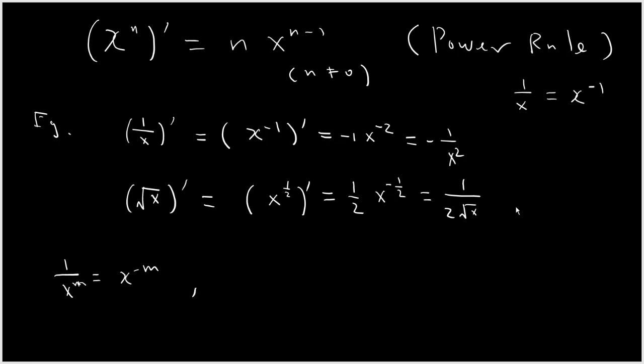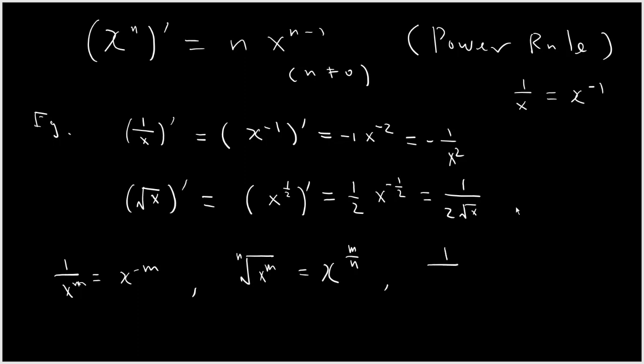Two more formulas. One other formula I wanted you to memorize is nth root of x to the power of m. I think that's the notation I used before. So this one can be converted to the form of a power function as x to the power of m over n. Is that right? And one more.